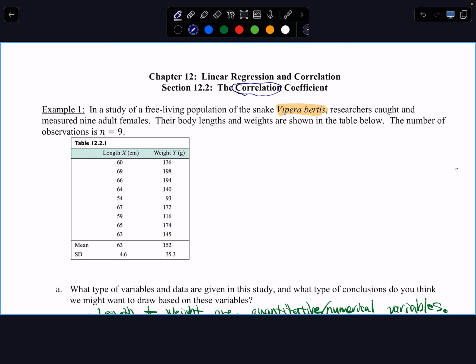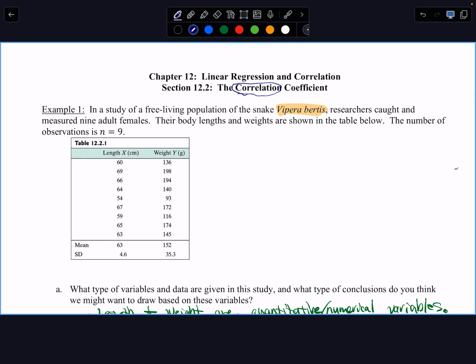One of the things that can get confusing here is we've seen data sets that look similar to the data that we'll be given in this chapter. For instance, last time we looked at the length and weight of a certain species of snakes.